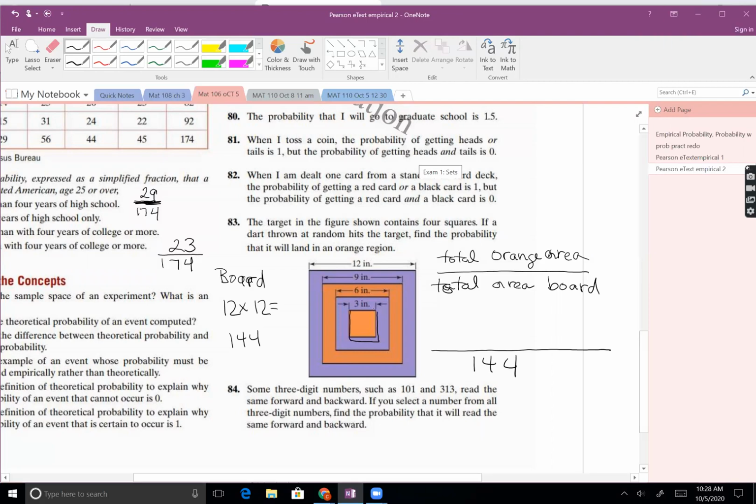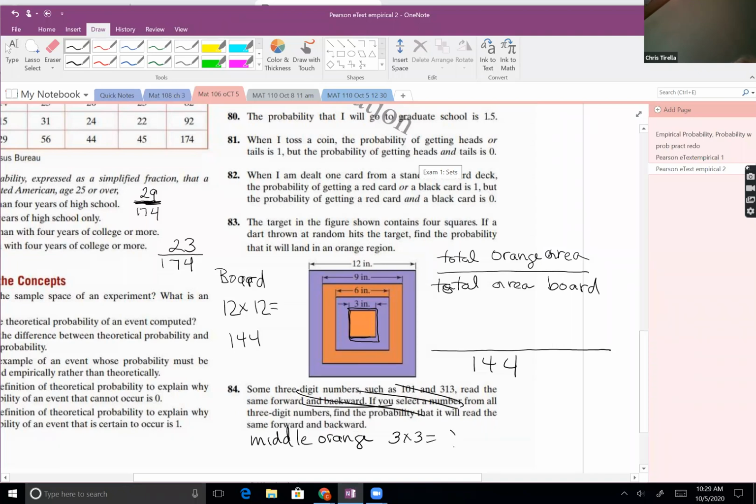Yes. The one in the middle, and then this one that almost looks like a mat in a picture frame. I think the middle part is easier. The middle orange is 3 by 3, which is 9.